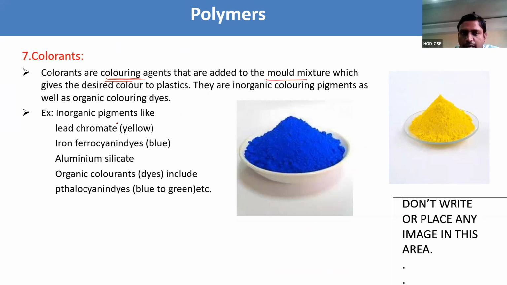Coming to the inorganic pigments, like lead chromate, yellow color, iron ferrocyanide, blue color, and aluminum silicate. These all are inorganic pigments.